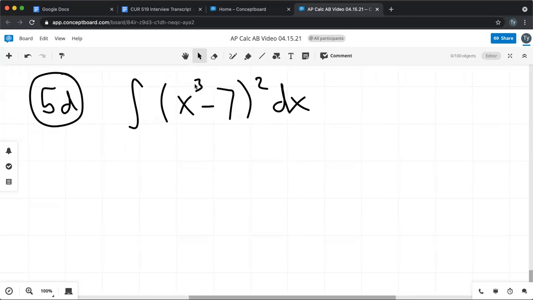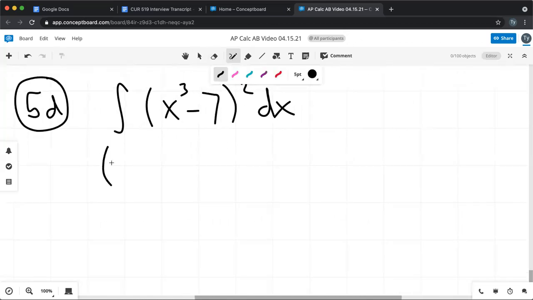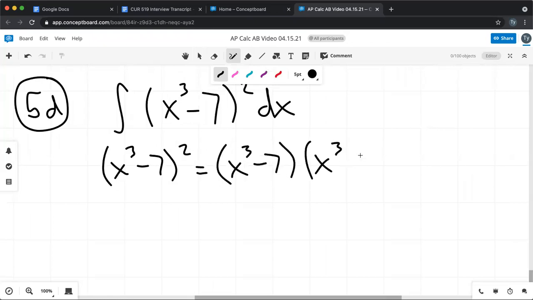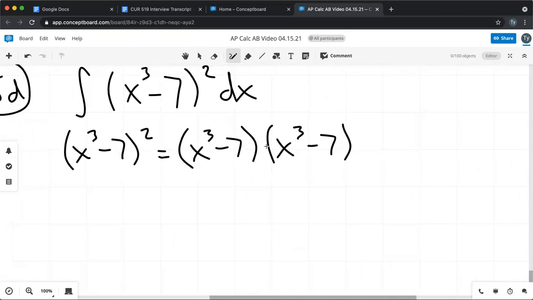Well, from our algebra class, we know that if we have a polynomial squared, that's just the same as writing the polynomial times itself. Okay, and from here, we can multiply. So you can use your little box diagram if you want, or you can use your foiling method. For foiling, we do our first term times our first term here.